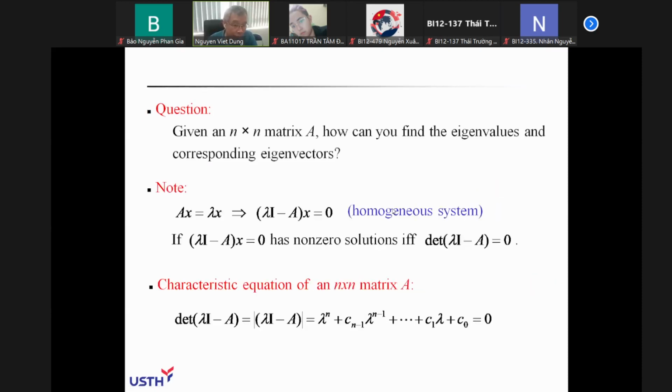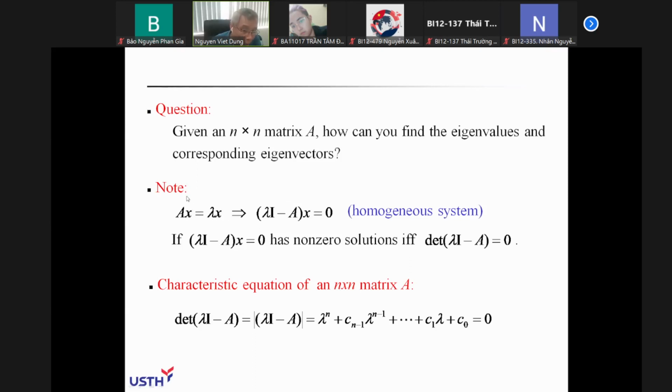It is explained by the fundamental equation: lambda is an eigenvalue of A if we have Ax equals lambda x with x non-zero, that is, if we can find a non-zero column matrix satisfying Ax equals lambda x.